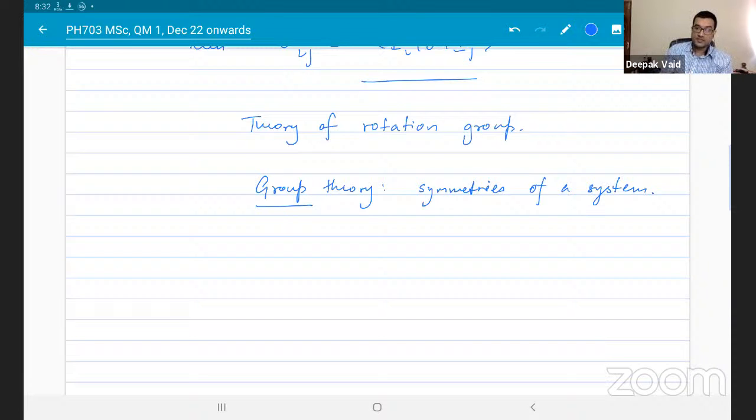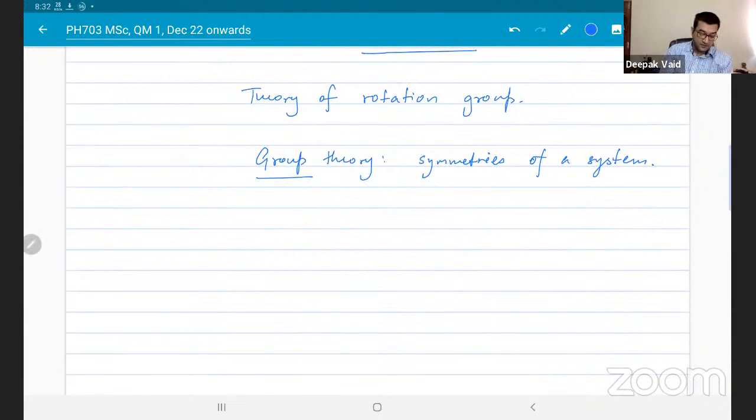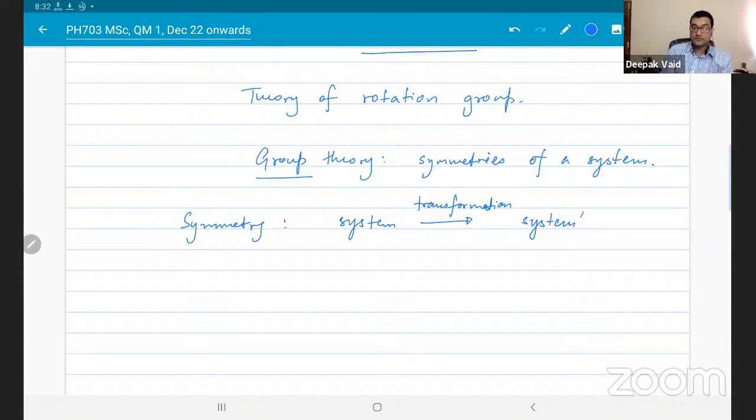So what are symmetries, right? What is a symmetry? Symmetry means that you take some system and you apply some transformation to the system. What happens is you get the system with some changes. It's the same system, but it appears in a different state.